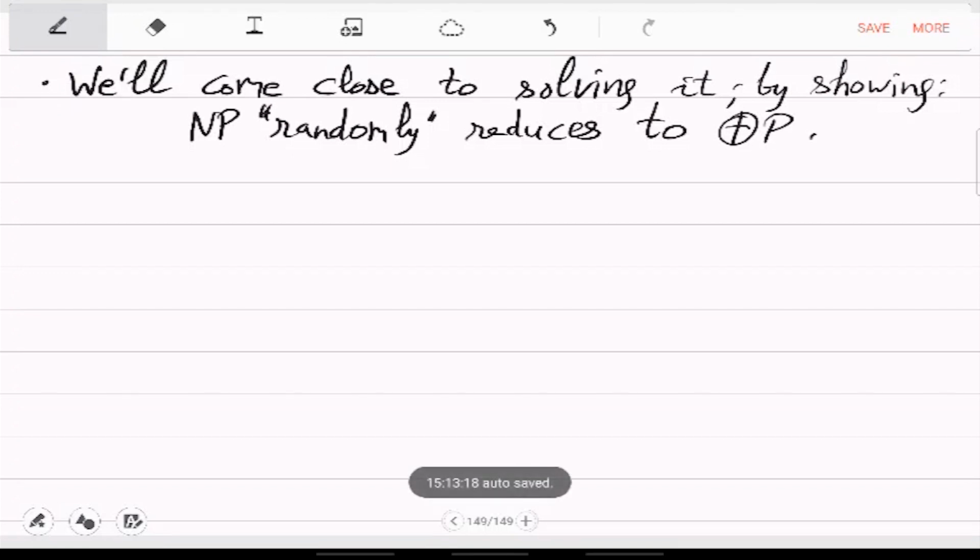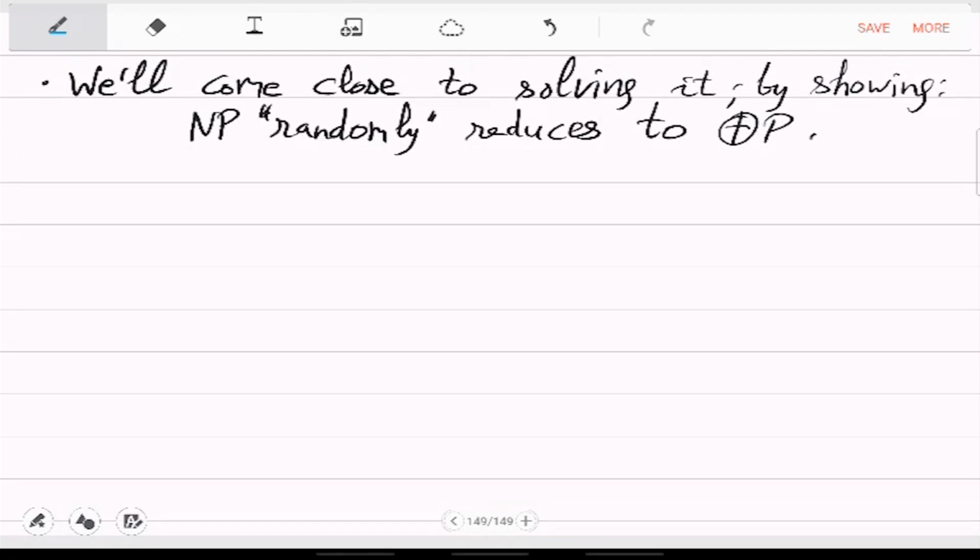If NP is believed to be hard, then parity P is also hard. So if NP is not equal to P, then parity P is also not equal to P, although we don't get a full proof because this is under randomized polynomial time reductions. And that is where an interesting new idea you will see.